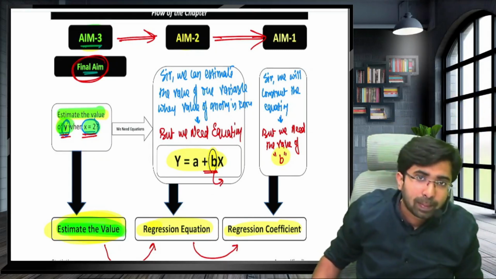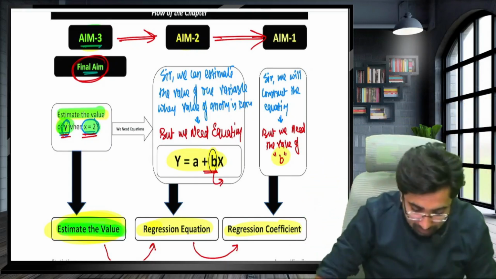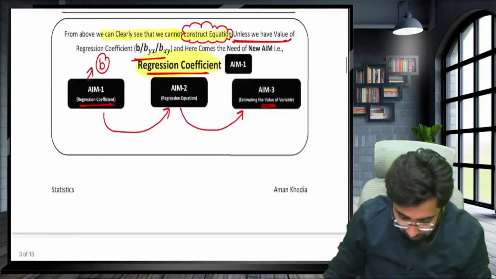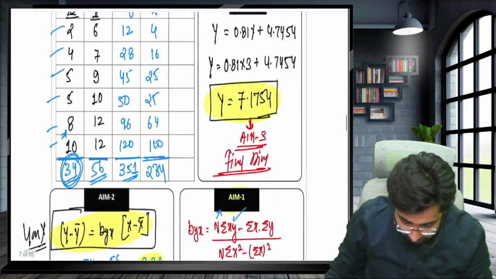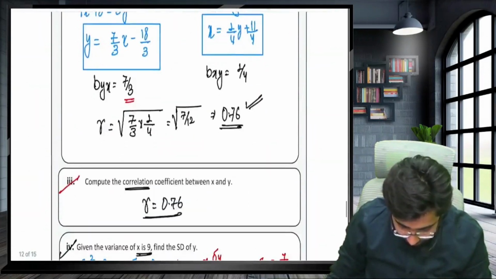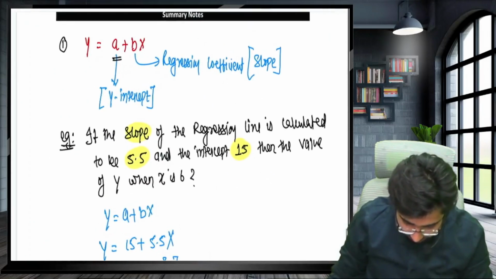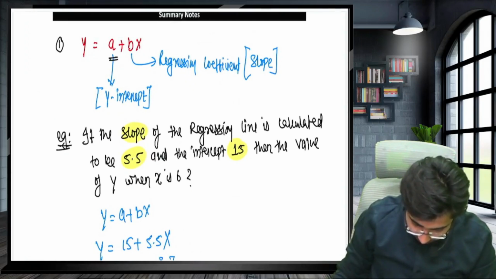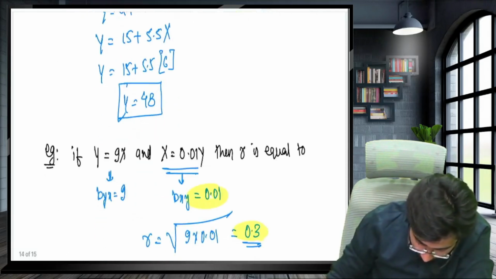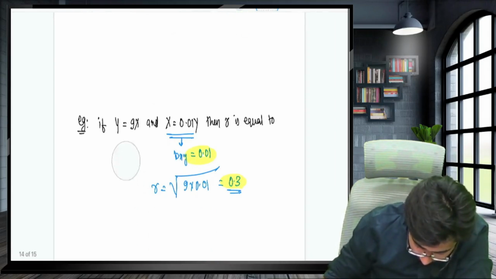Correct? Guys, now please pay attention over here. I am teaching you something that is very important. Now write down in the last. Guys, this is the question paper, okay, we'll discuss these questions.